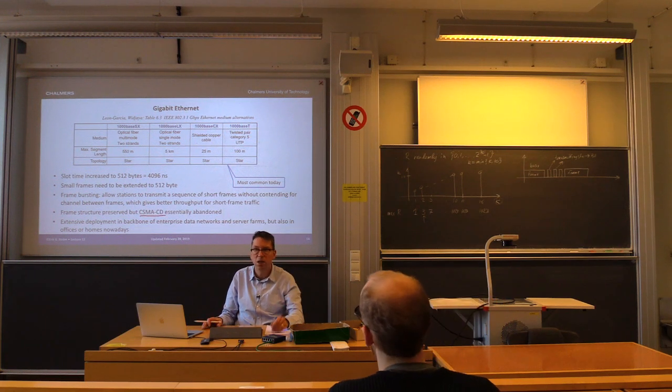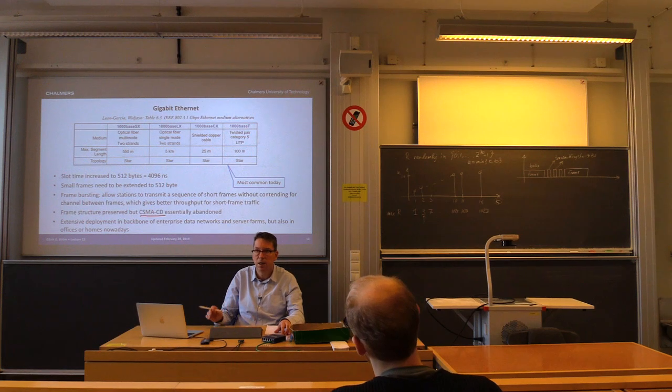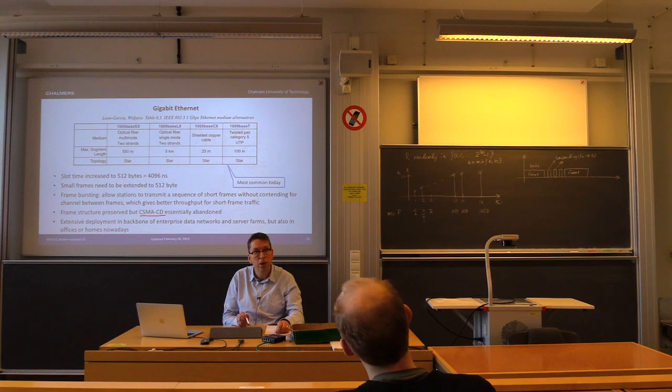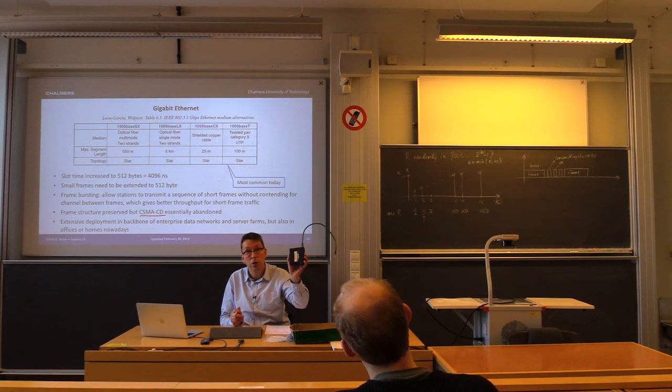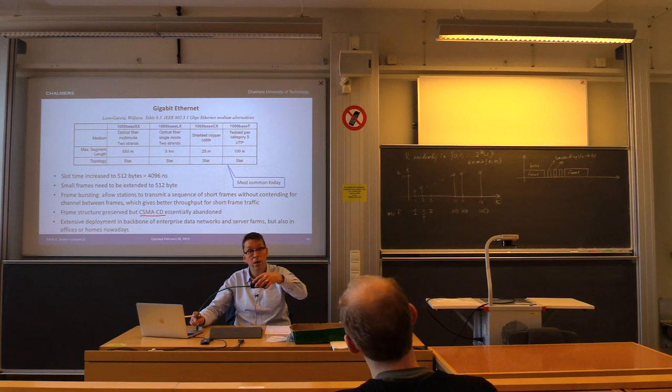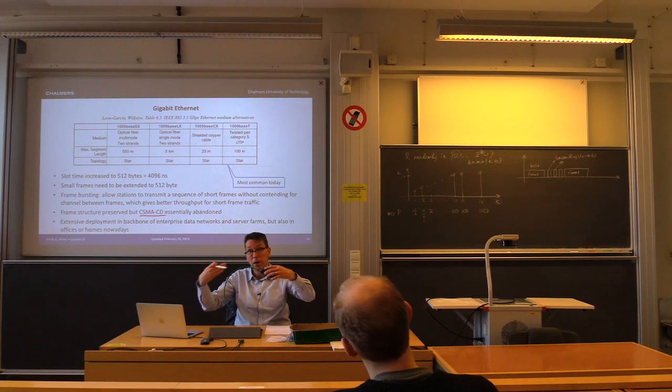And then there were a bunch of other things, and the most important thing here is that CSMA/CD was essentially abandoned. It's still in the standard, but now the structure is such that we always plug this into a switch, and if there is a switch between the computer and here, there is no need for a MAC for this one because it's full duplex. So in one direction here, there is only one transmitter, which is the laptop.